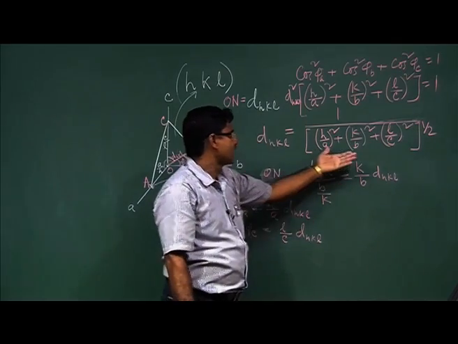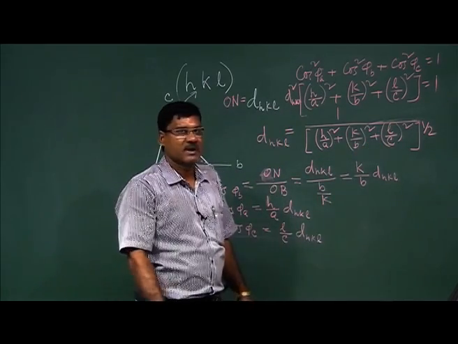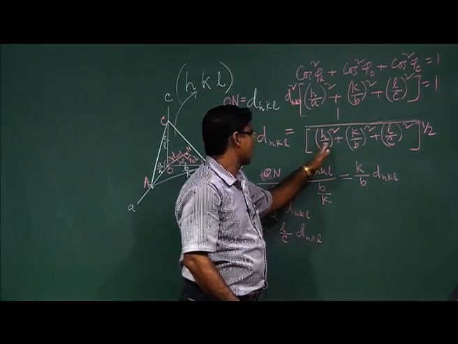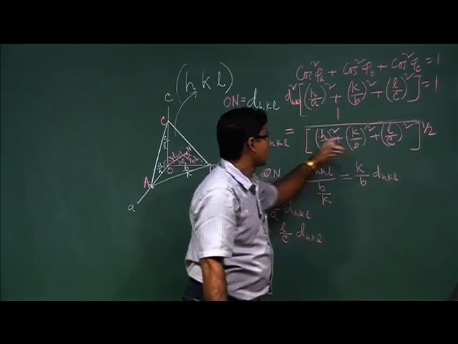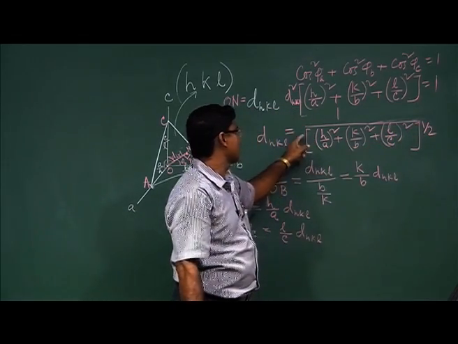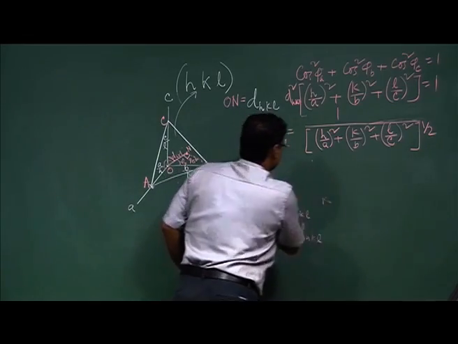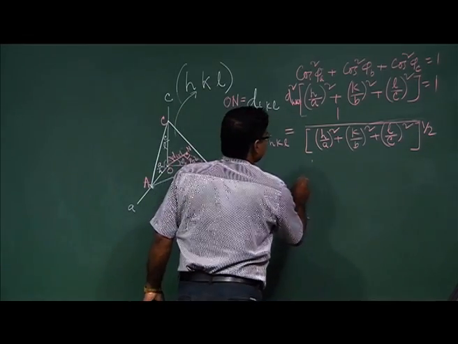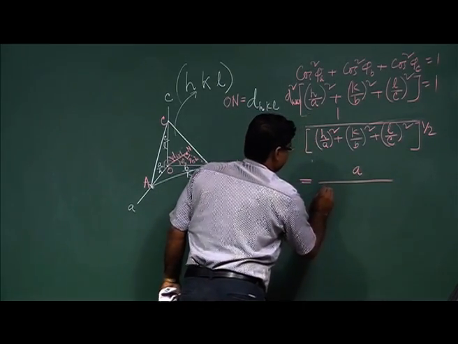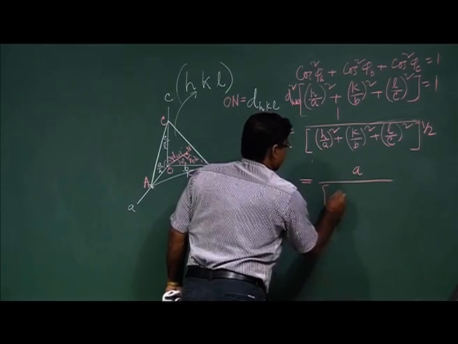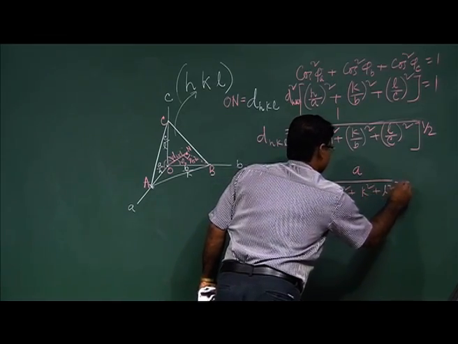If it is a cubic crystal, then a equal to b equal to c. So for cubic we get a by the square root of h square plus k square plus L square.